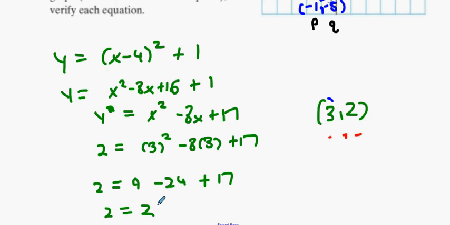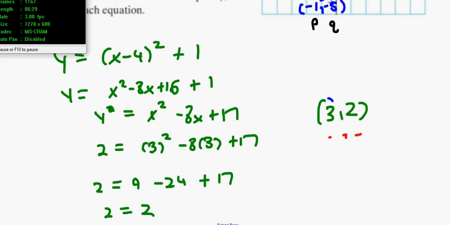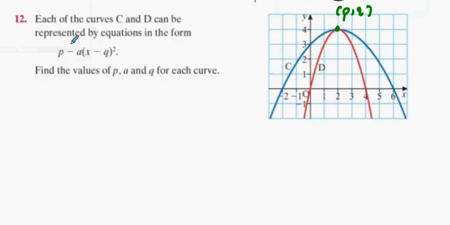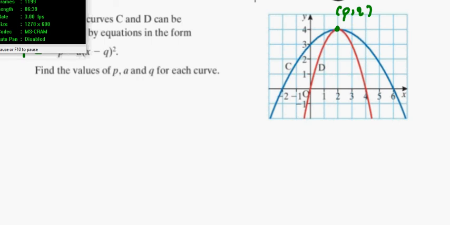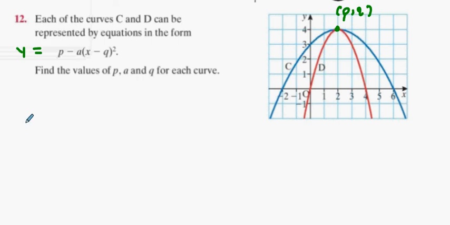Alright, give me another hint with this. y equals p as well. Okay. We know what p and q is, don't we? What's p? Actually, wait a minute.